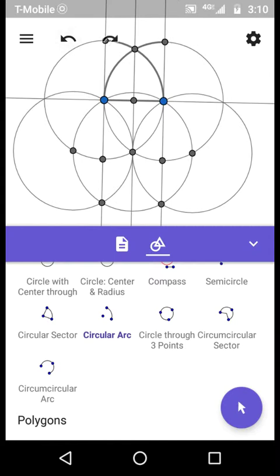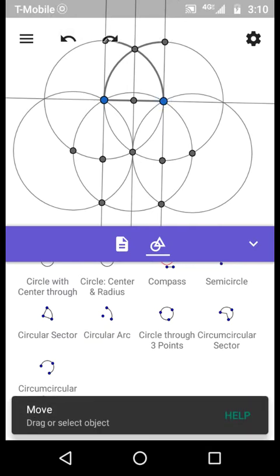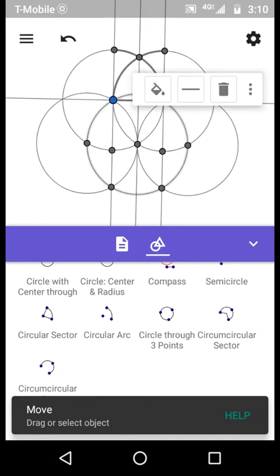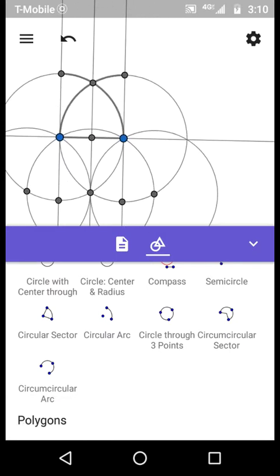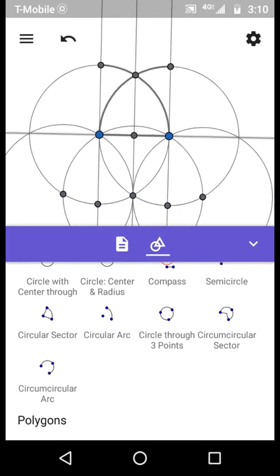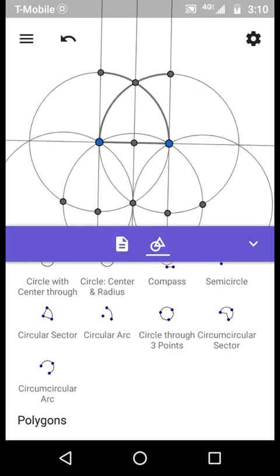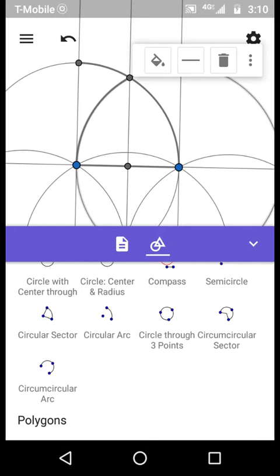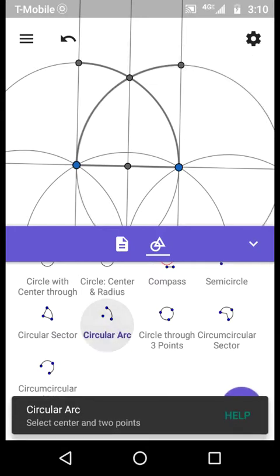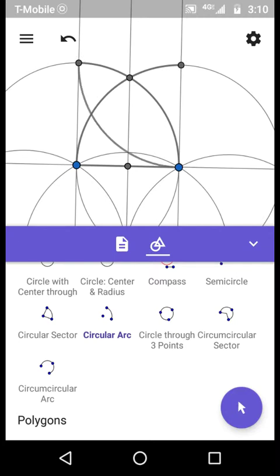whoops. Let's see, yeah, let's recenter that a little bit. Alright, so then from the other side, so that's another 90-degree angle, and then there will be another 90-degree angle.